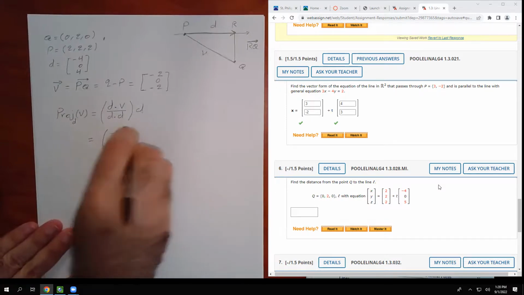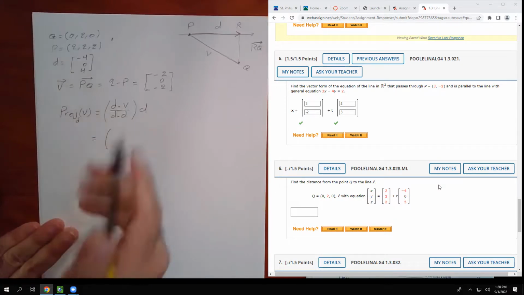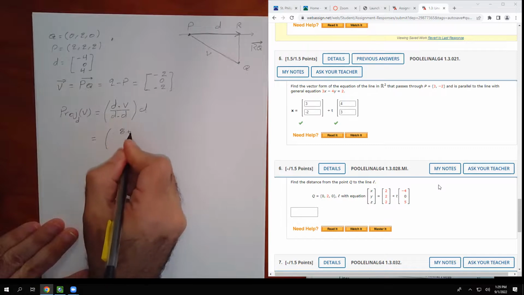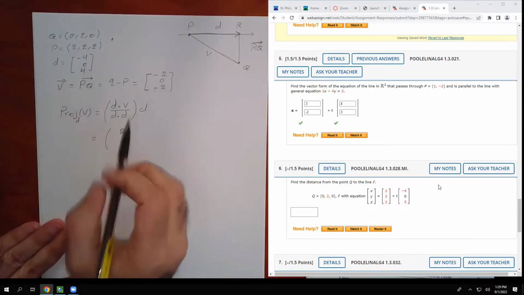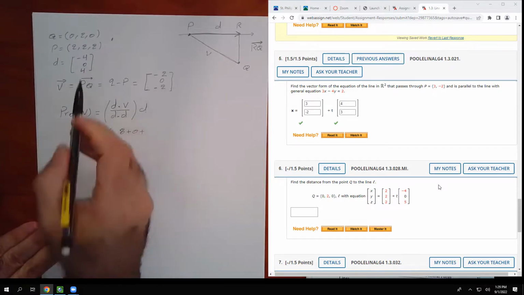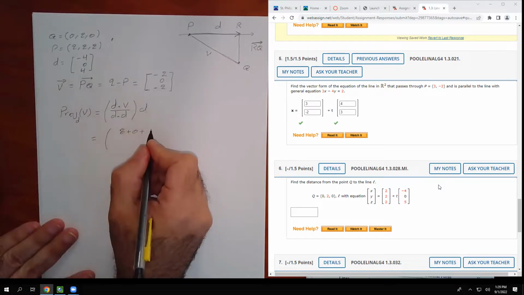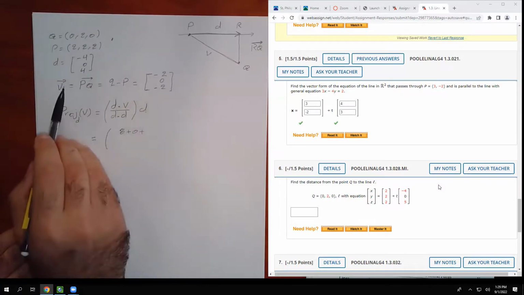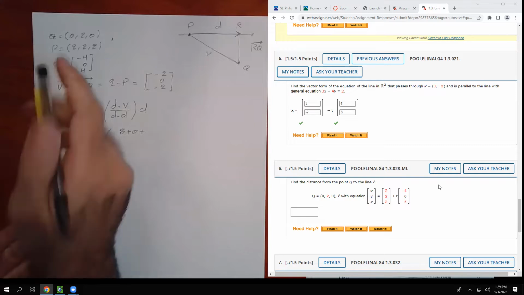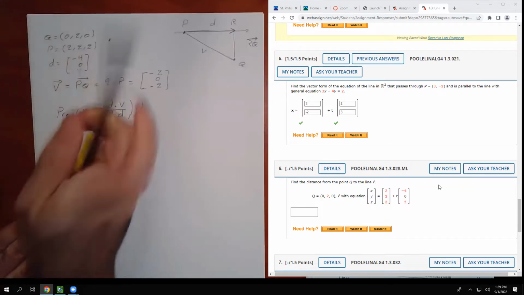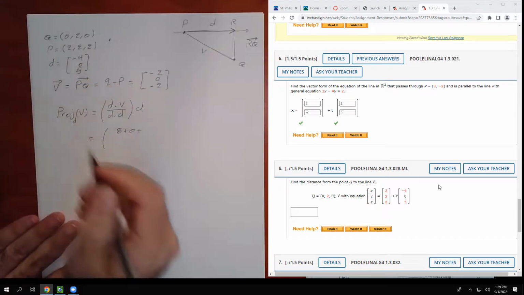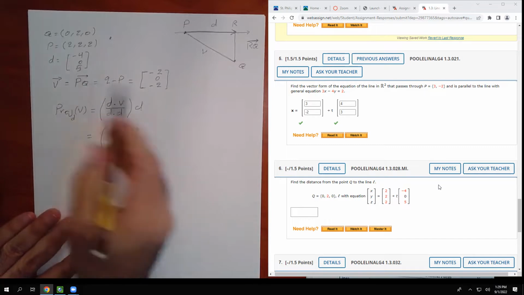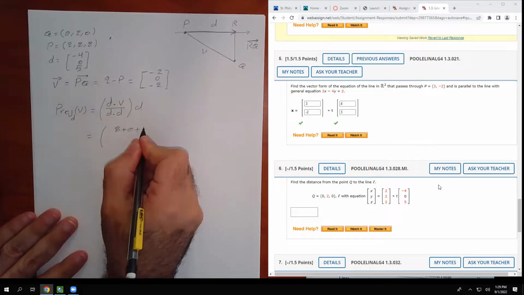So it's going to be 8, plus 0 times 0, plus 4 times -2 is going to be -8. The vector D is wrong because it's 5 here. So it's going to be 5 times negative 2, which is negative 10.